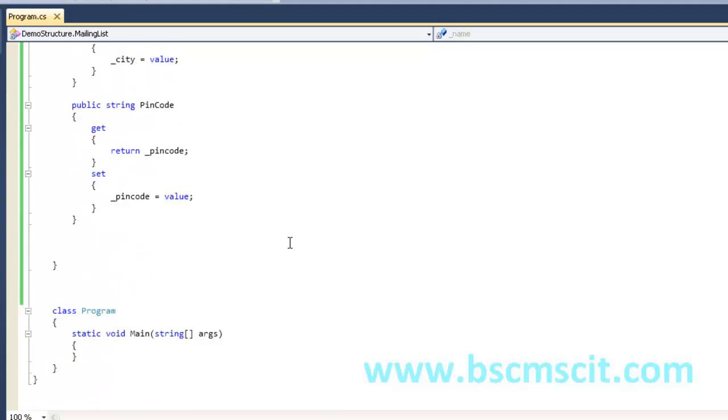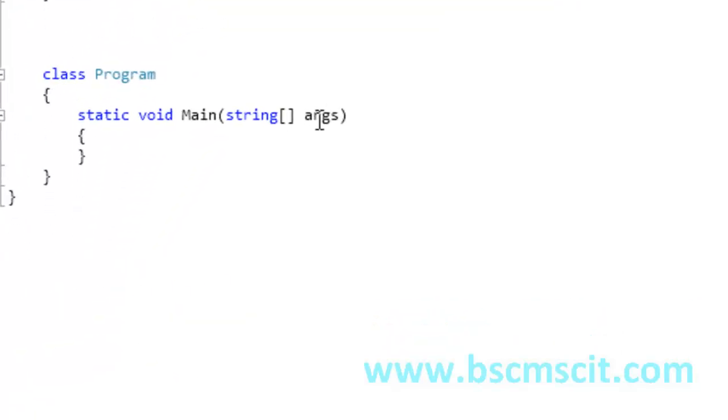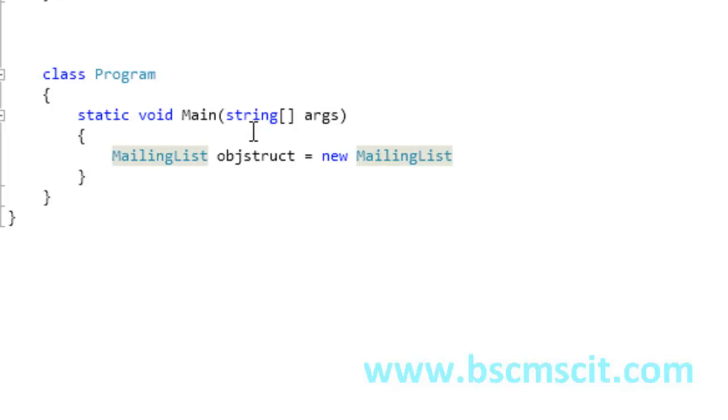So for that we will go to our main program, that is class program, and inside the static void main we will be creating an object for mailing list, that is obj struct is equal to new mailing list.